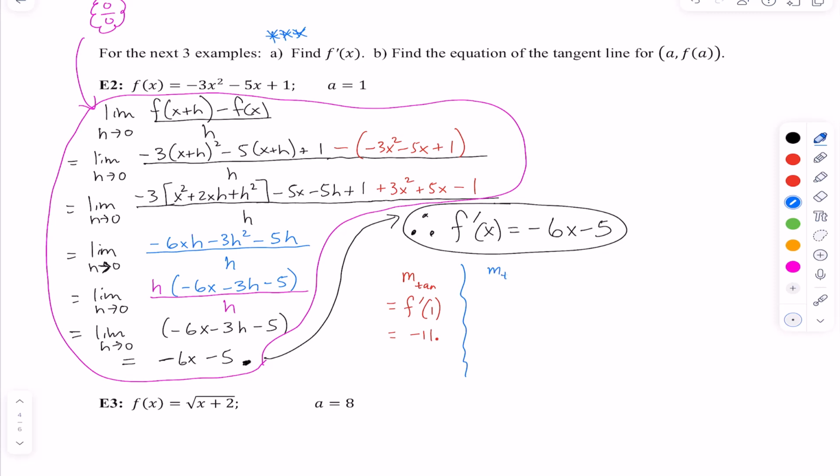So we're going to use the slope, which is negative 11, and we need the point. The point is 1 comma, go back up here and put 1 in this function, put 1 in there and see what you get. Negative 3 minus 5, negative 8 plus 1, you get negative 7.